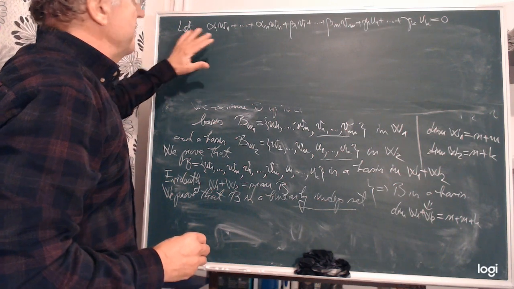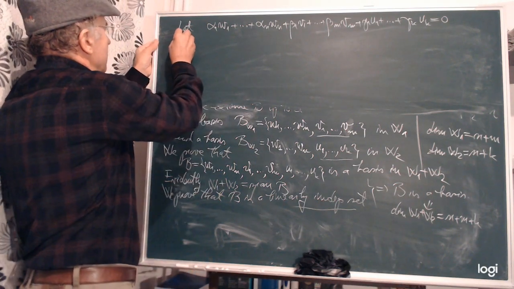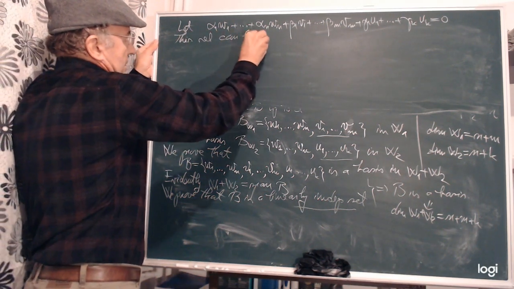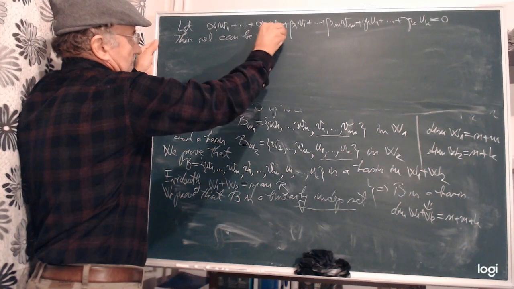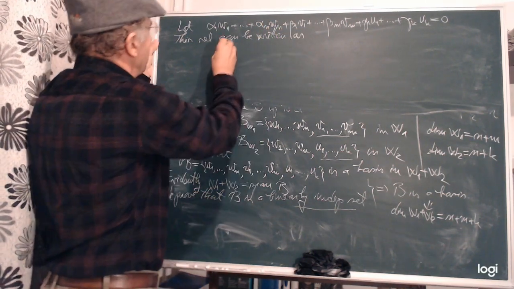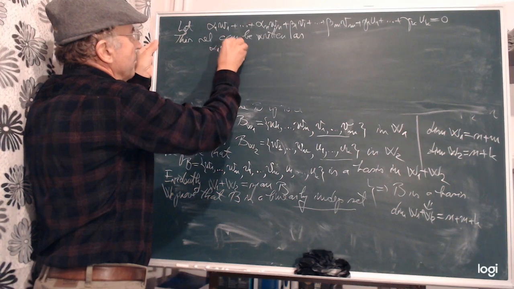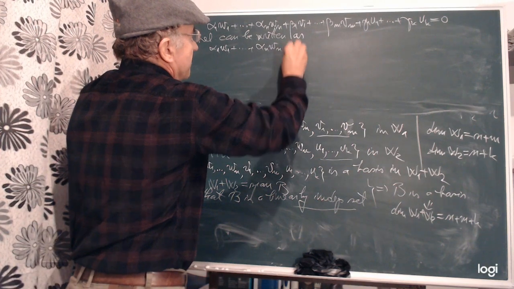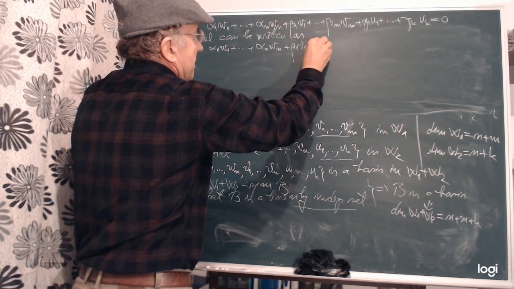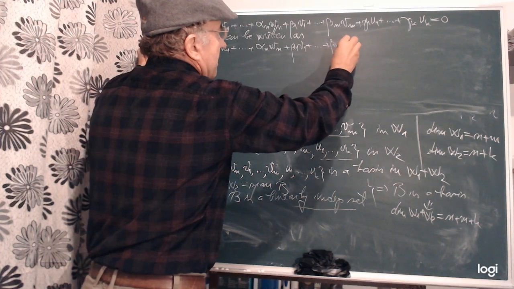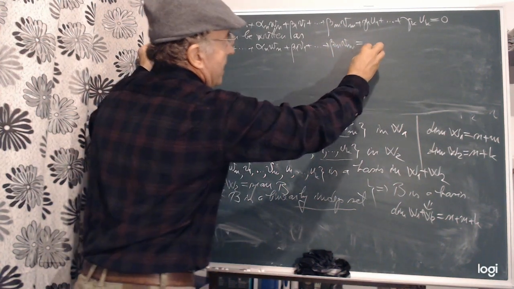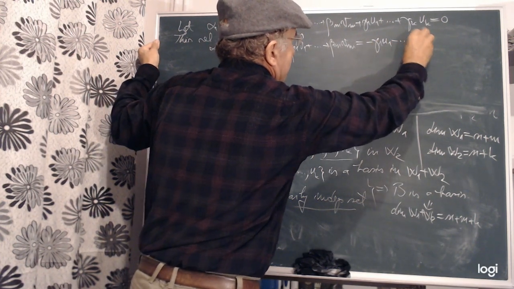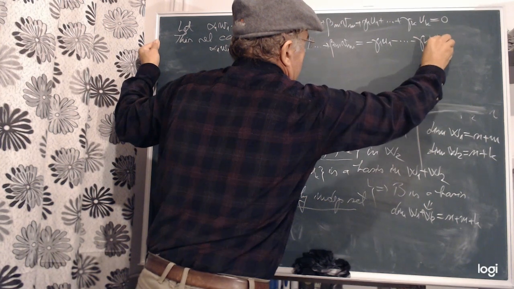Okay, this relation can be written as alpha 1 w1 plus alpha n wn plus beta 1 v1 plus beta m vm equals minus gamma 1 u1 minus so on minus gamma k uk.